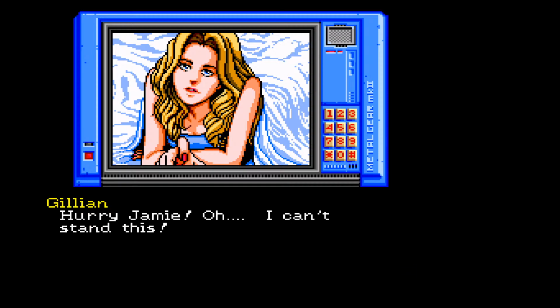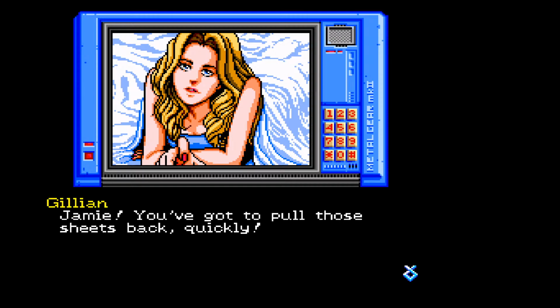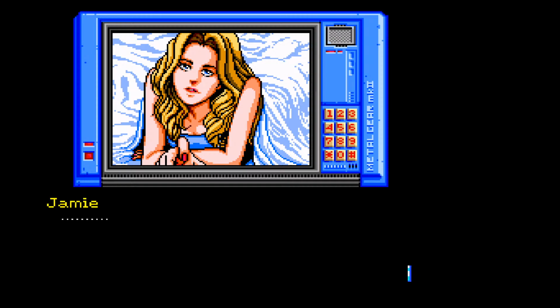Where is it? Hurry, Jamie. Oh, I can't stand this. Where is it? Jamie, you've got to pull those sheets back quickly. The sheets! Everything! Pull it all off! Jamie? Jamie? Gillian? There's no roach, is there? You never change, do you? Sorry.